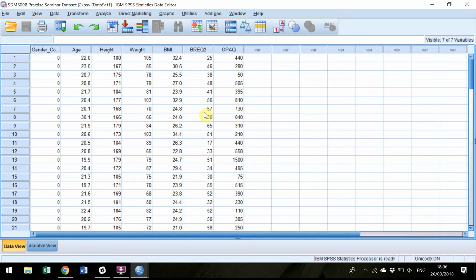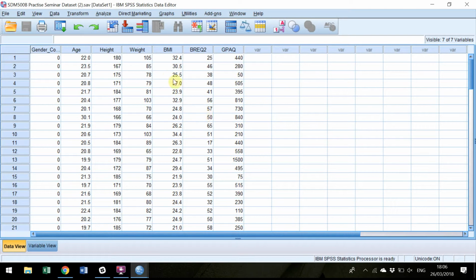So the research question might be something like, is BMI correlated or associated with self-reported motivation to do exercise? You would expect that it would be, so I would proceed on that expectation. So my experimental hypothesis would be that there will be a strong correlation.